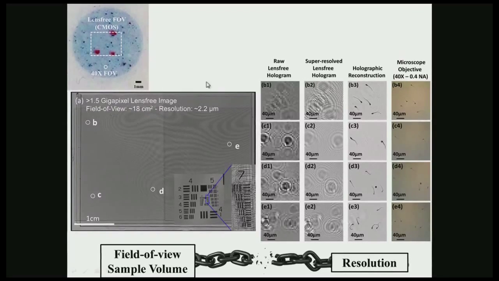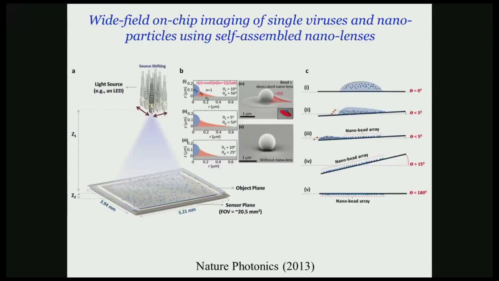It doesn't apply here. If I get better sensors with smaller pixel size and more megapixels, thanks to Moore's law, I will have better resolution and better field of view or sample volume at the same time, which is quite unique.